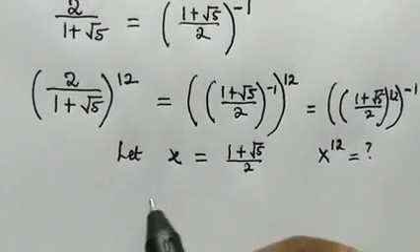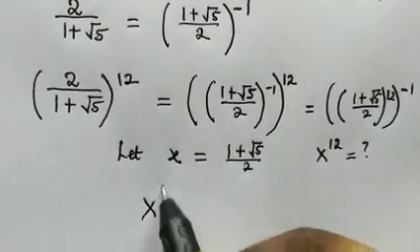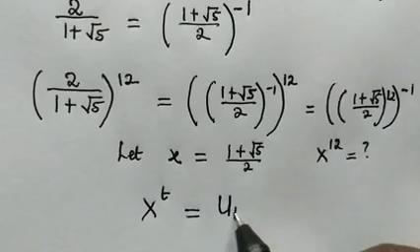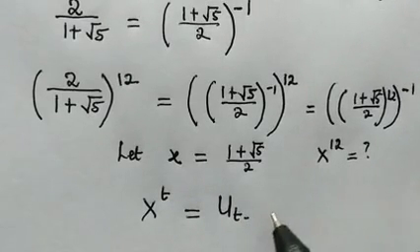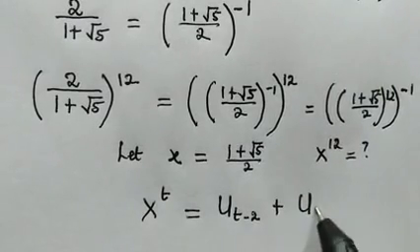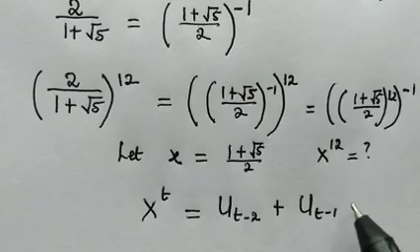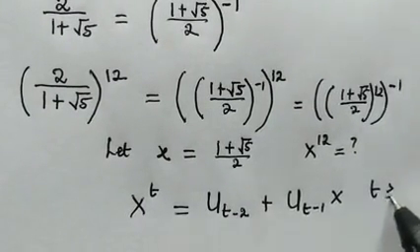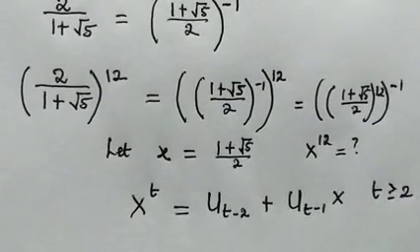So this formula is given by x to the t is equal to u of t minus 2, plus u of t minus 1 multiplied by x, provided that t must be greater than or equal to 2.